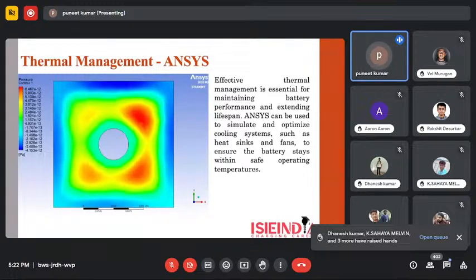Also, after these thermal management and performance of batteries, we usually go with what type of coolant system we can use. Suppose you have a larger heat issue and your surface area or volume is less. Then you can use heat sinks in a pattern inside and outside.